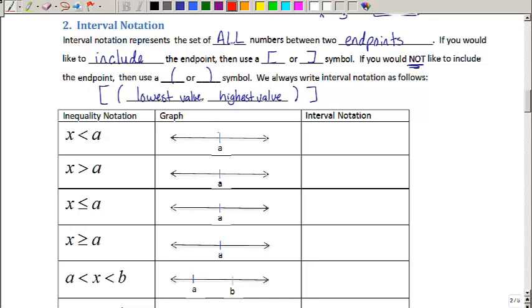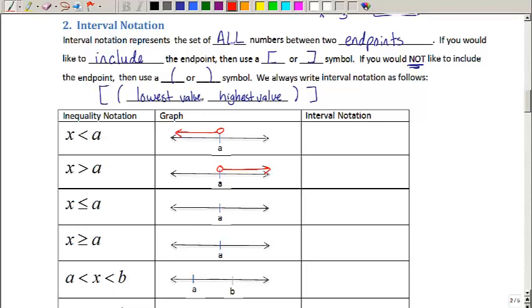The way we graph that is we have an open circle at a, and all the values to the left of a are all the values that are less than a. Similarly, if x is greater than a, we have an open circle and we shade in all the values to the right, or greater than a. This is inequality notation and the corresponding graph.